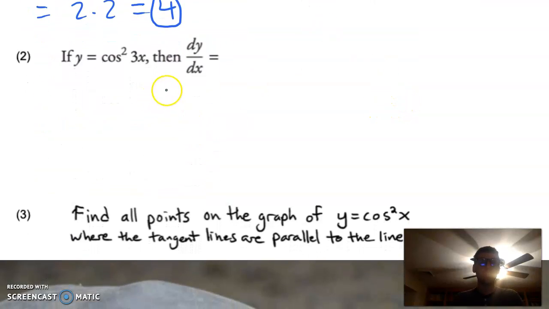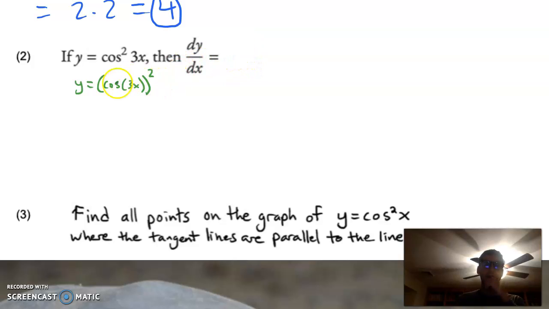Let me switch to green for my next problem. Remember, another way to write this, which is sometimes helpful when we have the chain rule happening, is cos squared of 3x is the cos of 3x, squared.